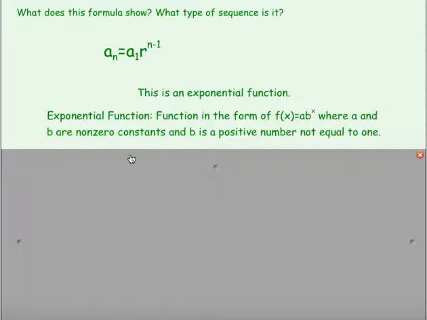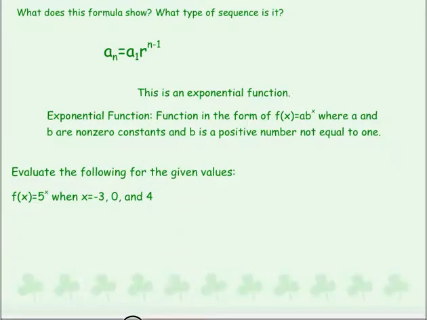So if we were to evaluate a given exponential function, just something simple like f of x equals 5 to the x power, and I want x to be -3, 0, and 4, I need to plug in those values in order to get the value of y.